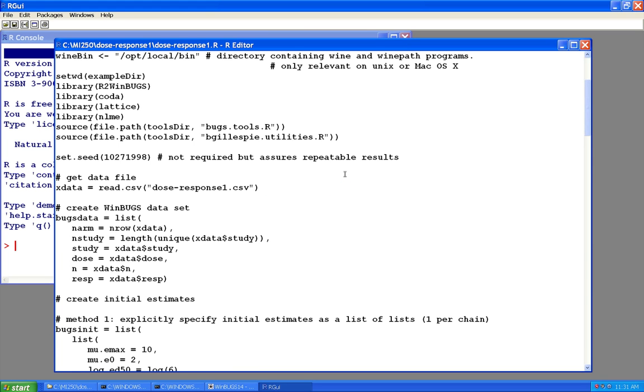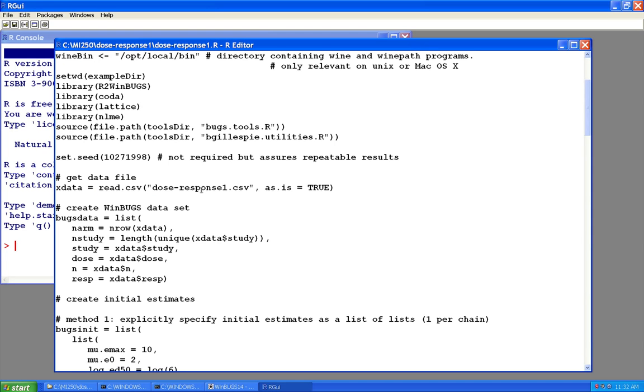The only other thing I might do, just to be on the safe side, is put as.is equals TRUE here, just so it doesn't convert things to factors that I don't want to be factors. You could also use stringsAsFactors equals FALSE. That's typically how I would read in such a file.